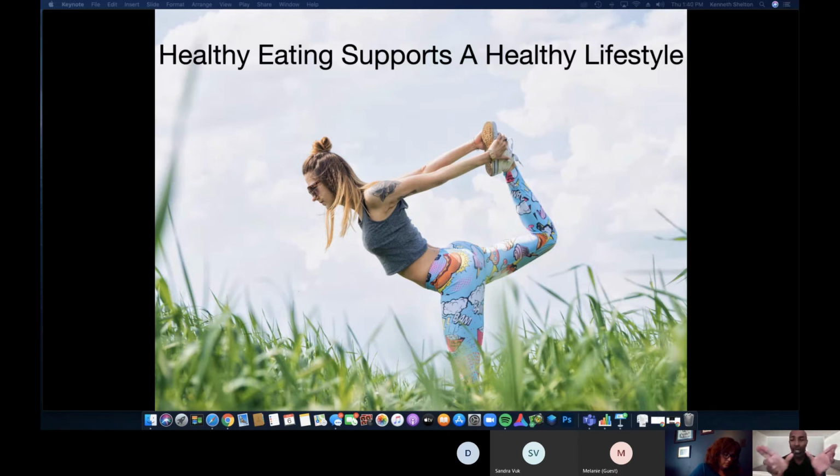Now, if I were to switch and say a healthy lifestyle is supported by healthy eating, what would that make this? Direct or indirect? Direct, if we're assuming, well, maybe indirect. I don't know. You lost me.